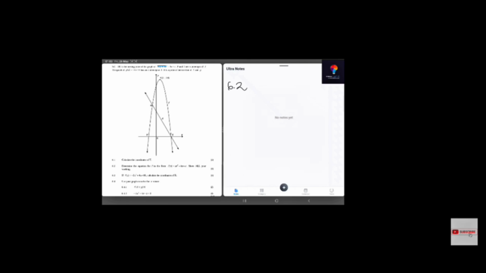So f is the parabola, and this is the equation that it must be in the form of. So we have the turning point, we have the coordinates of T. I believe in that case it will also help us.